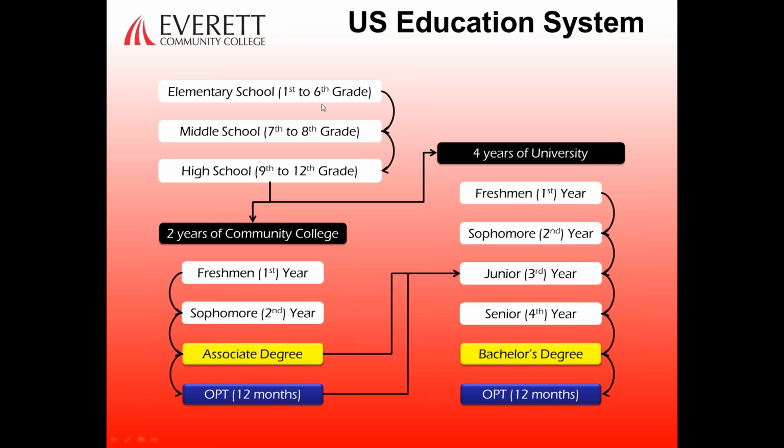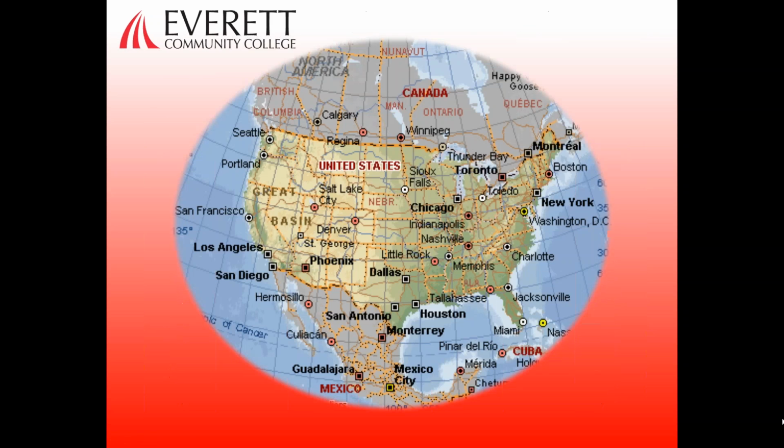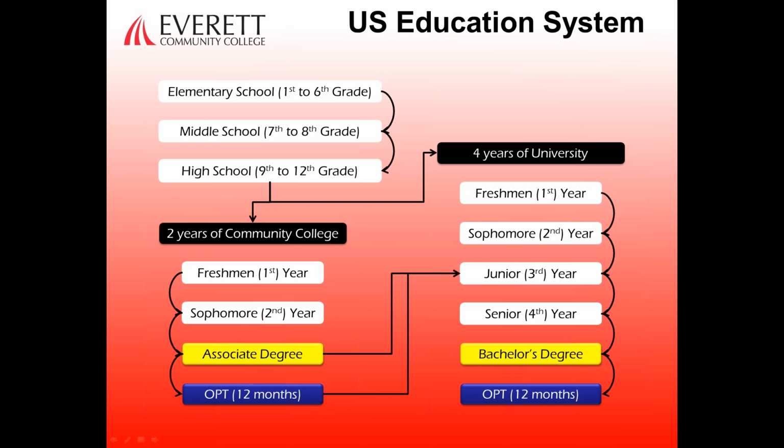This is the first section right here. When we are about 13, 14, we go to middle school, and then we move on to high school. And we go to high school until about the age of 18.